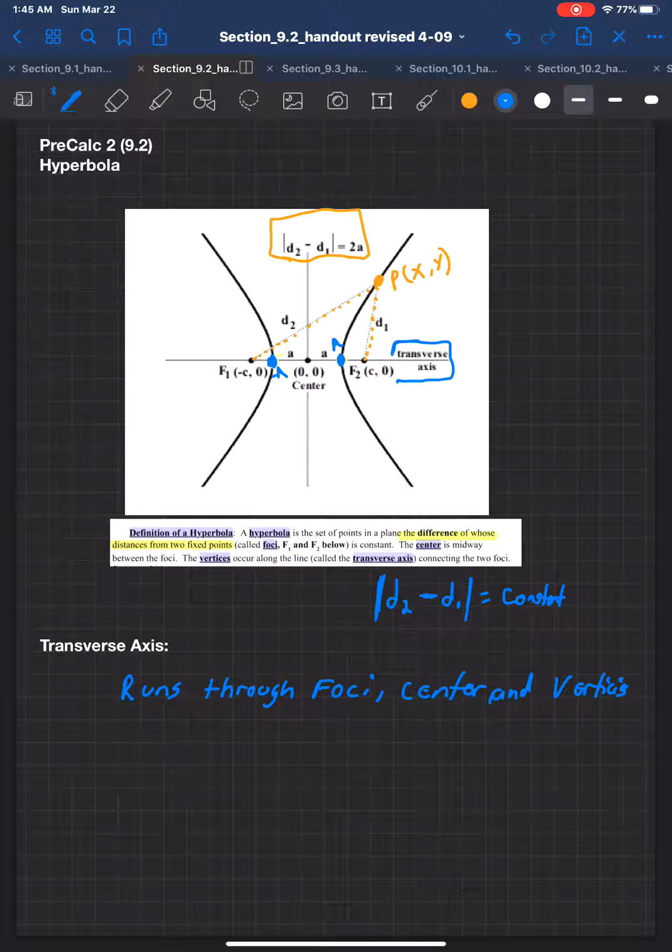If you imagine this point P moving up and down this branch of the hyperbola, it is always equal to 2a.